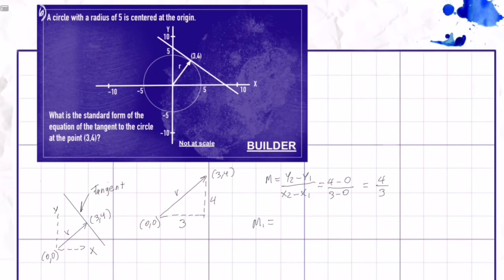But we know that the radius and the tangent line are perpendicular, so we have to use the negative reciprocal to get the slope of the tangent line. The answer is minus 3/4. So with that, we have the slope of the line.